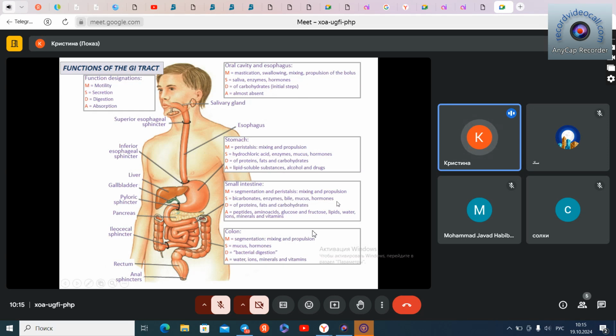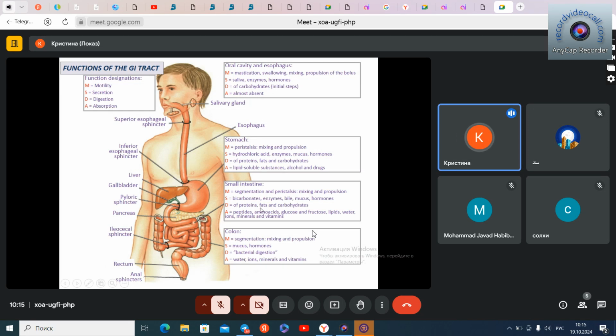Mucus is produced here in the small intestine, and hormones. Digestion: here in the small intestine, most of all the organic molecules, such as proteins, fats, and carbohydrates, are digested and absorbed.